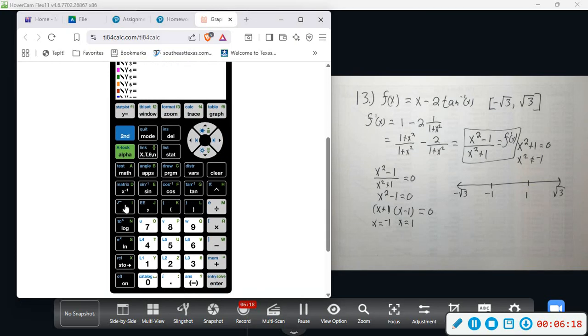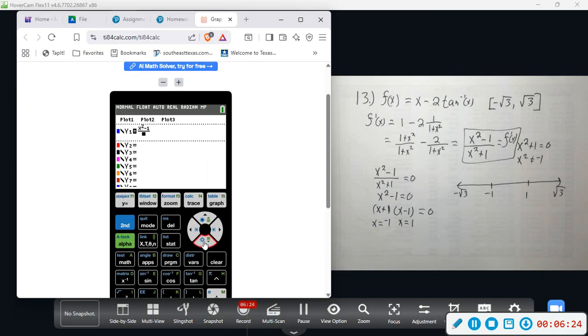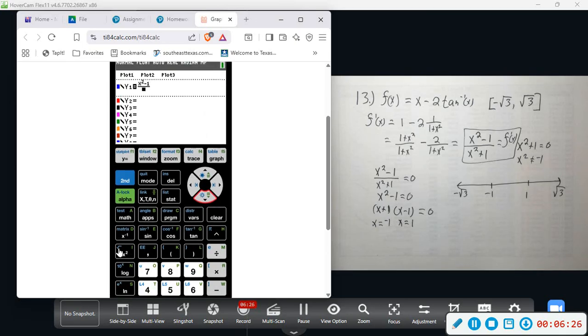And then we're going to do x squared minus 1. And then do our x, okay. Let me just clear this out because I made a mistake.